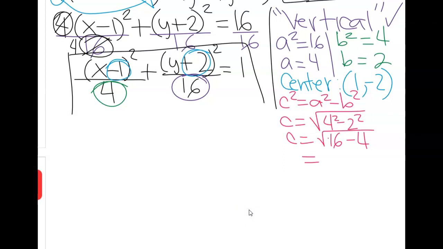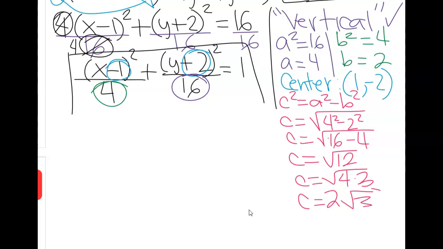So c is going to be equal to the square root of 12. Which if we simplify it, it should be the square root of 4 times 3. So if we take the square root of 4, it's a 2. We take it out of the radical, and then we put the square root of 3 right there, like that.